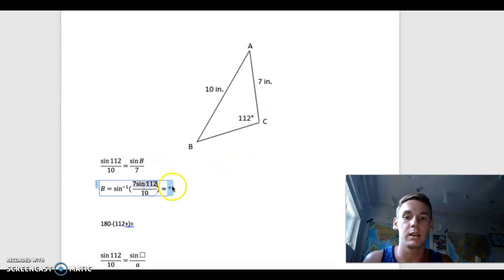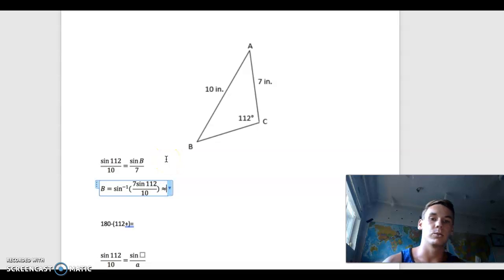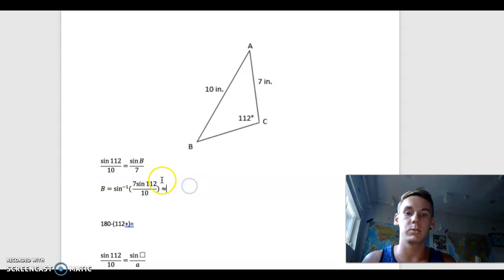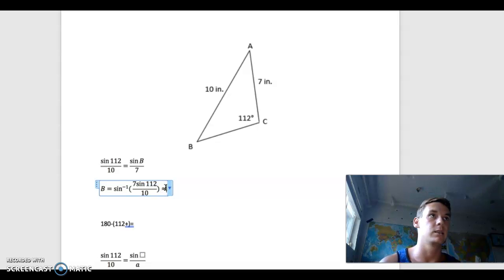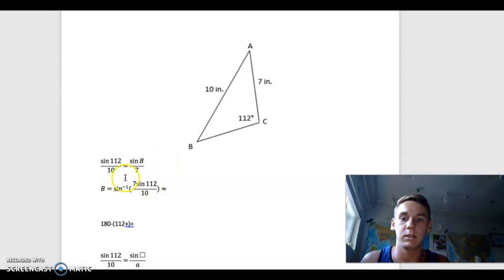The next example is using the law of sines to find two angles and a side. Now, first you want to find an angle that will be the fastest way to solving the entire thing. So to find the first angle, I am going to solve for angle B because I'm already given B. I'm not given side A. So how you set that up is you use the law of sines: sine 112 over 10 equals sine B over 7.